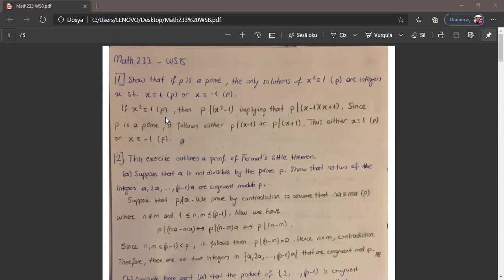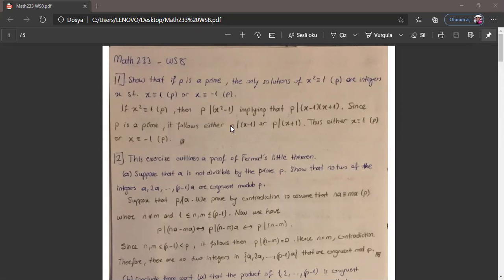Now it means, by definition, p divides this subtraction, x squared minus 1. And we rewrite this parenthesis in this form. So as p is a prime, in the course you should have seen this, as p is a prime and it divides this product, then either it divides x minus 1 or x plus 1.